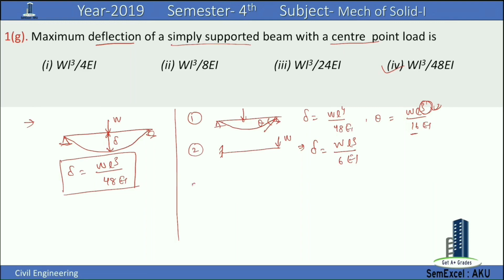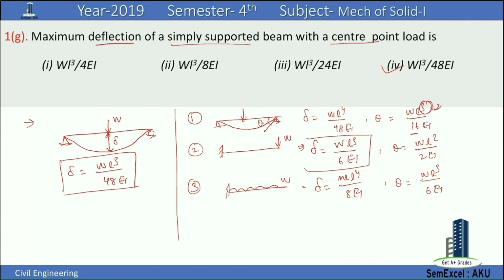Again, if we have a UDL load W, then delta is equal to WL to the fourth by 8 EI. Here theta is equal to WL squared by 2 EI. For the point load, theta is equal to WL squared by 2 EI. Here it should be WL cubed by 3 EI.